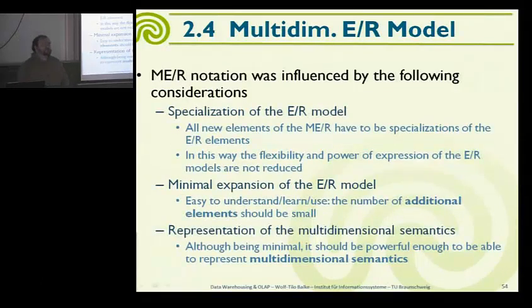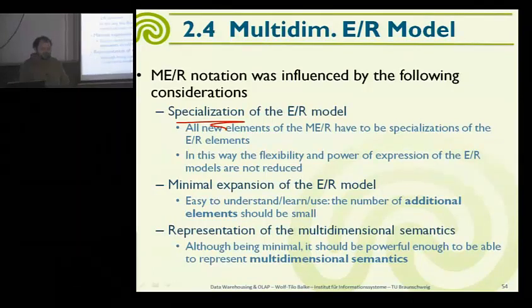The notation of the multidimensional ER model was basically influenced such that it was a specialization of the ER model, so it should be used together with normal ER models and just extended wherever needed, right?